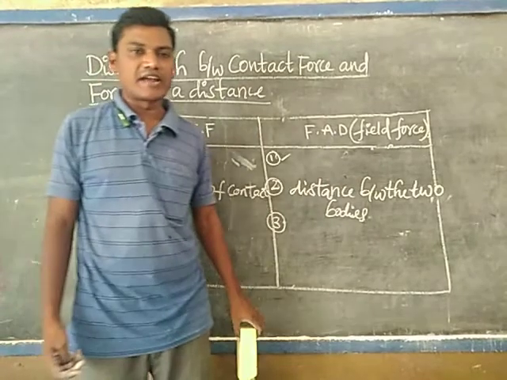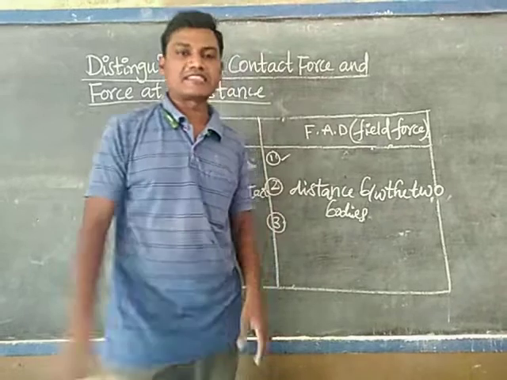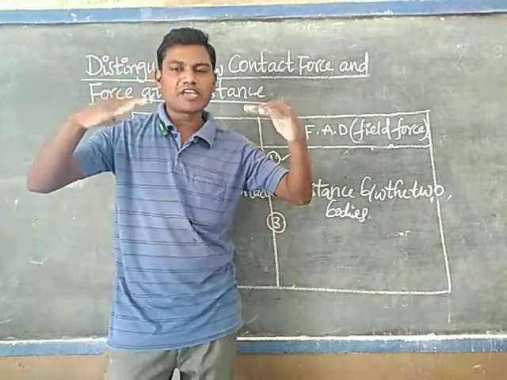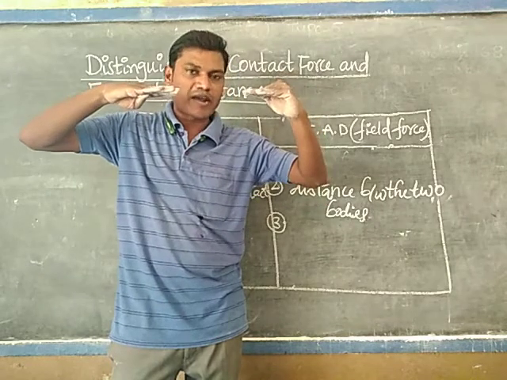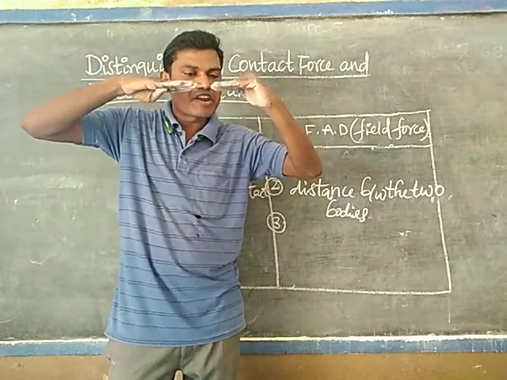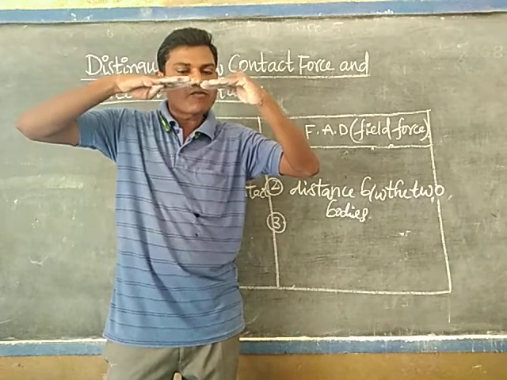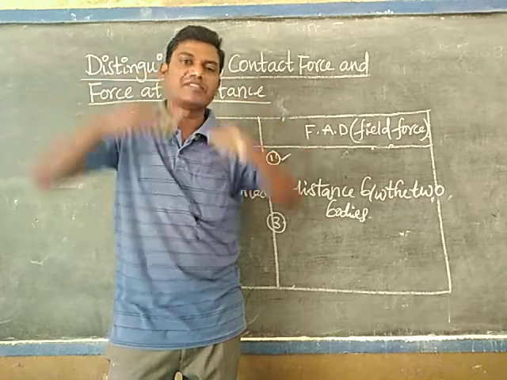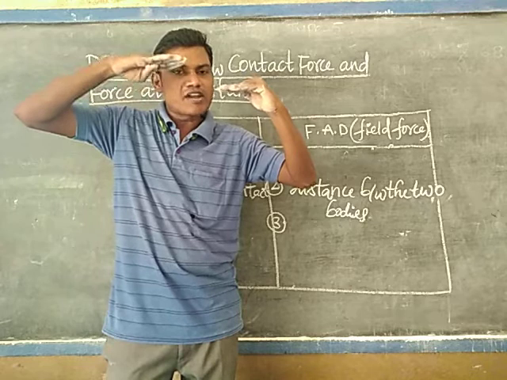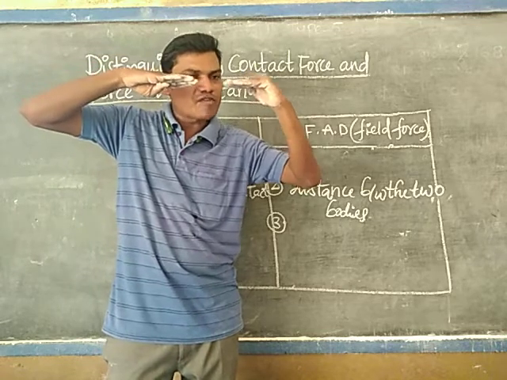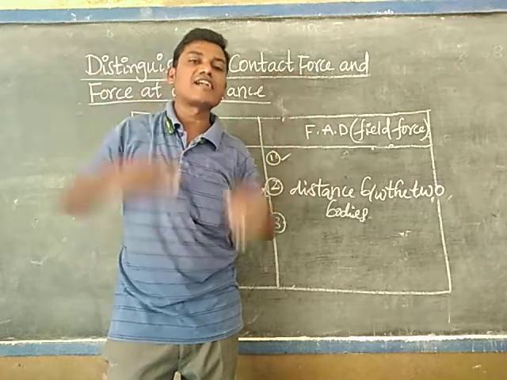We observe that in the case of magnetism. When you take two magnets, the north pole of one bar magnet and the south pole of another bar magnet, and bring them very near to each other, you observe more force of attraction between them. But when they move away from each other, there is no force of attraction.